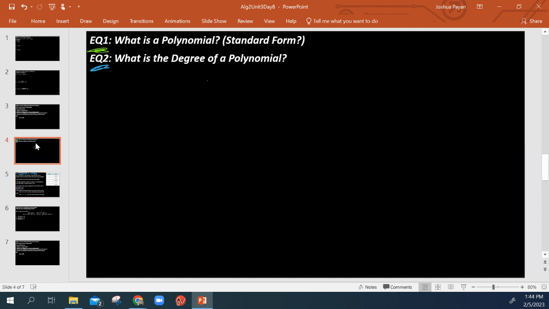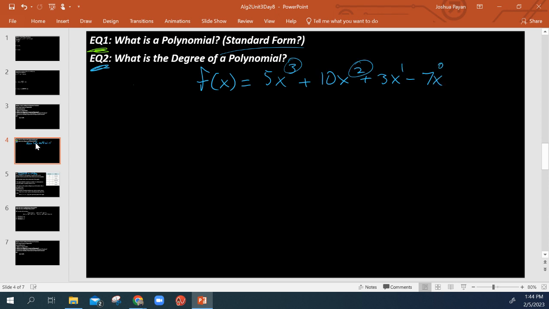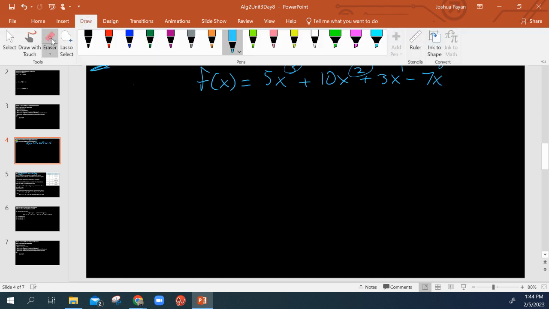Another example, let's say f of x is equal to 5x to the third power plus 10x squared plus 3x minus 7. Again, this is standard form, just like what we have here: 3, 2, 1, and x to the 0 technically.